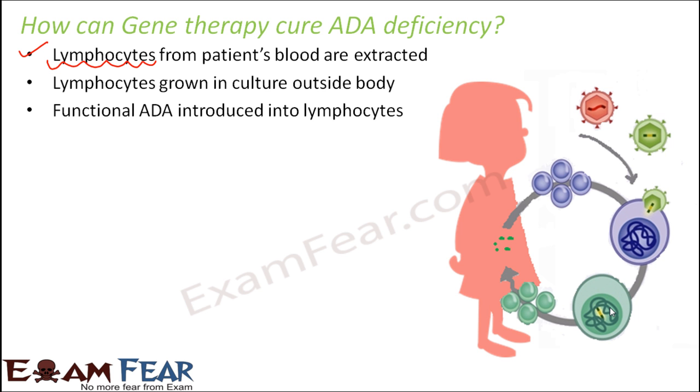By using recombinant DNA technology, functional ADA is introduced into the lymphocytes using a vector. Then these lymphocytes are transferred back into the patient's blood. So now inside the patient's blood there are lymphocytes, and inside the lymphocytes they are carrying the gene which is responsible for the production of the ADA enzyme.